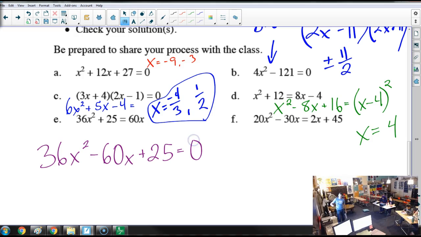Here's why this is so hard to recognize. That 36 is going to create a value that impacts everything. When this is a perfect square and this is a perfect square, it's pretty good odds that it's a perfect square.